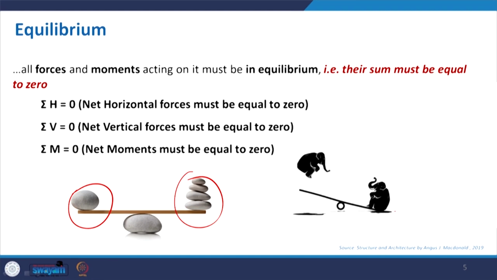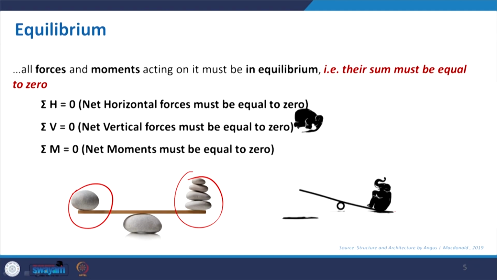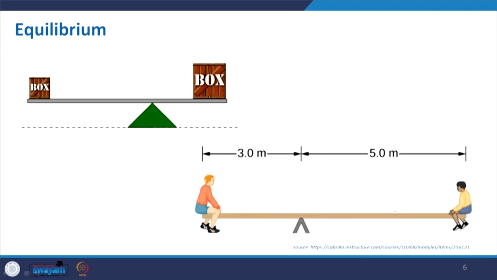Both are having different weights, so they are balancing each other, and they are lifting it. In this case we have examples, one with the seesaw, the other balancing it. Again the question is how to manage it.